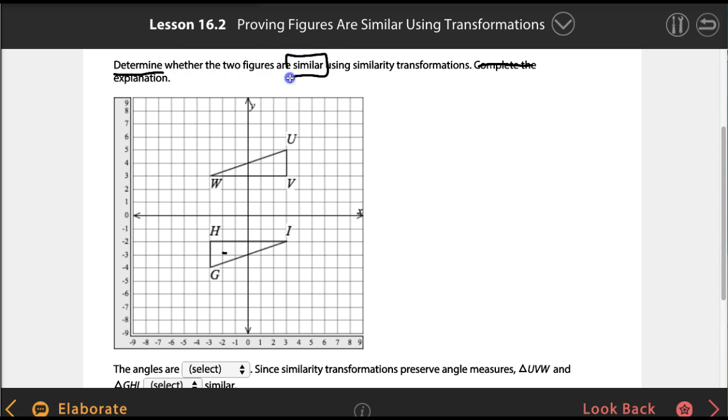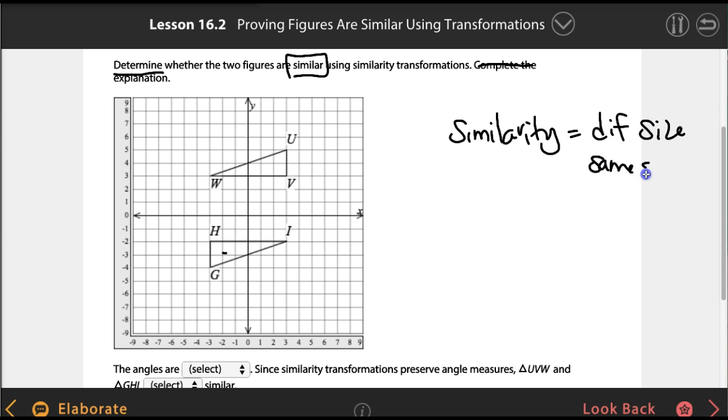So we have to try and remember, what does similarity mean? Okay, so when we talk about similarity, a lot of you get confused with congruence, right? Similarity means they look similar. That means different size, okay? But it still has to be the same shape.